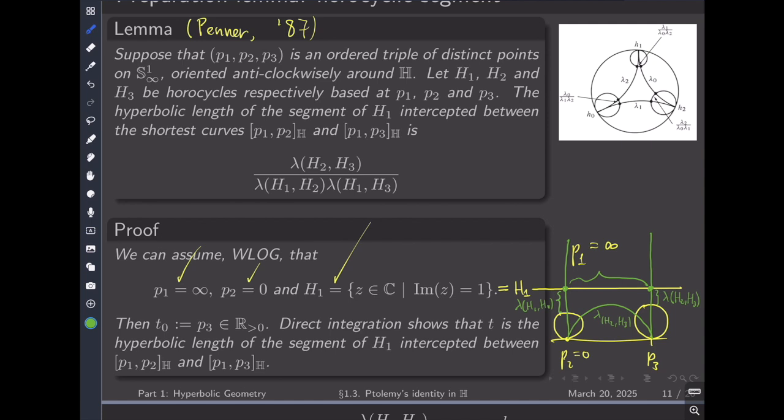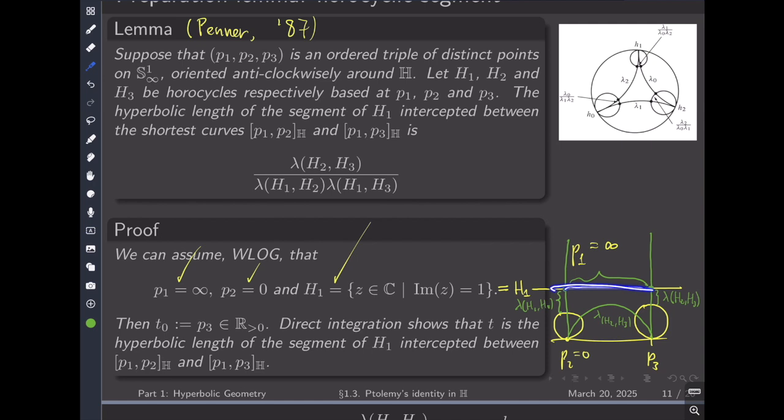Now it's of course a positive real number, and when I write down the integral that gives me the hyperbolic length of this thing, since everything happens with the curve at height 1, the rescaling factor in the dot product inside the integral, the integral of a square root of the dot product of some tangent vector with itself, is 1, because I'm at height 1. That's why I did it.